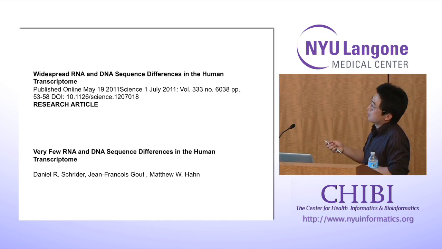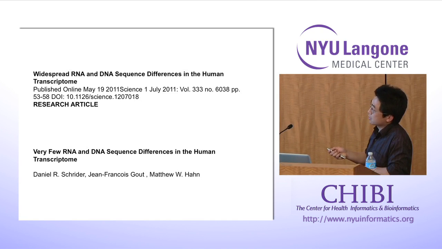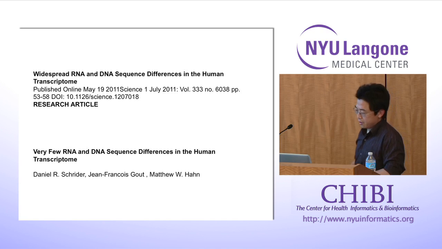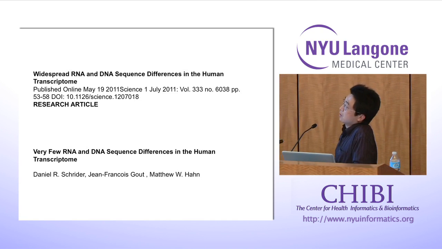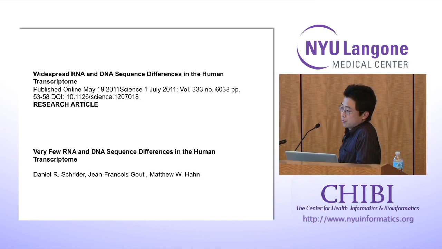This is the first paper, published by a group in Science. They compared RNA and DNA sequences from the same samples. They sequenced, I think, 20 samples, both their transcriptome and also the exome.